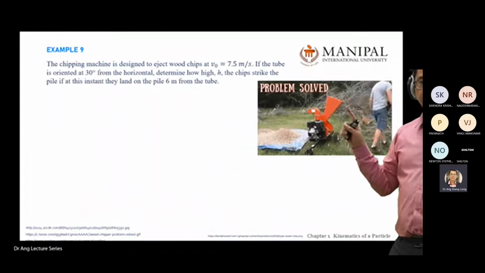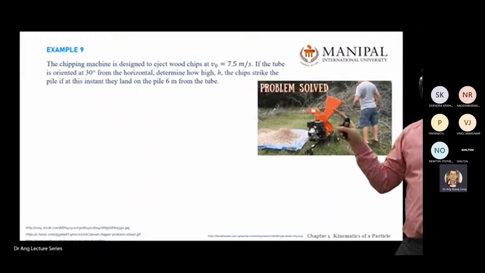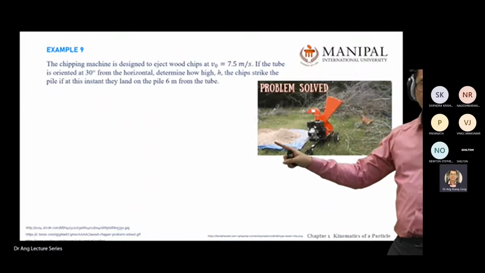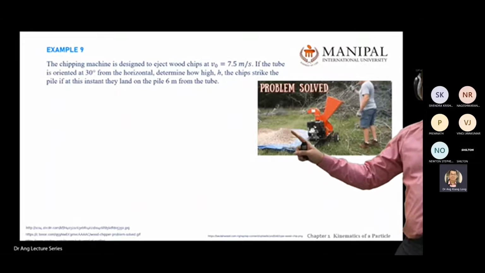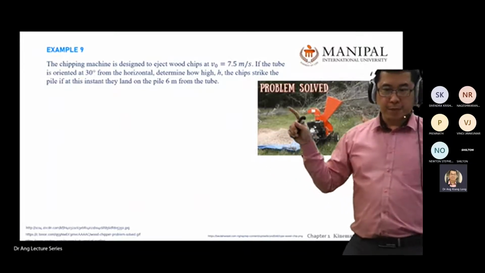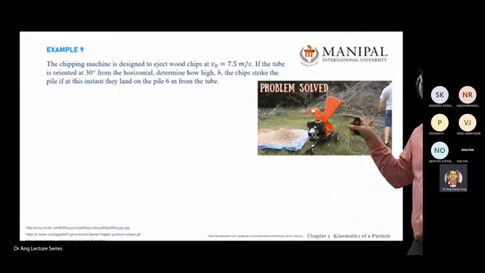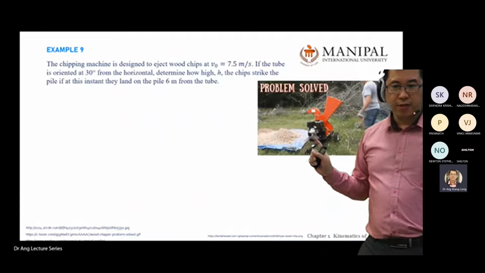A chipping machine is basically a machine that breaks wooden stuff into powder or wooden chips, right? Or you want to get rid of all the chopped leaves and so on, you use this machine.